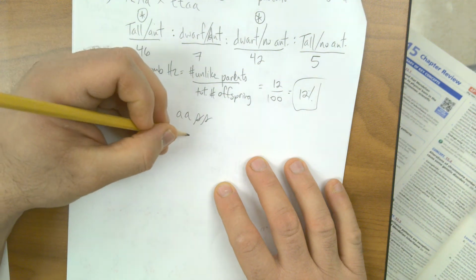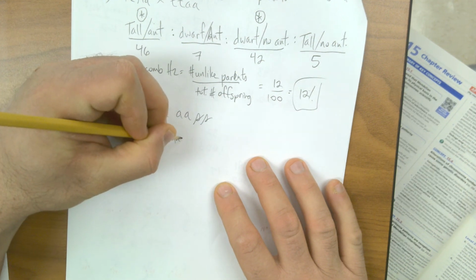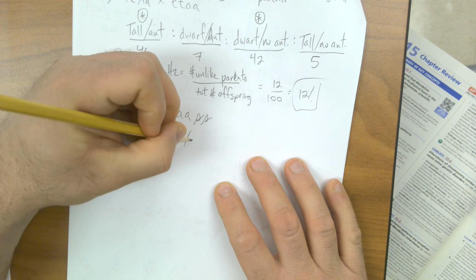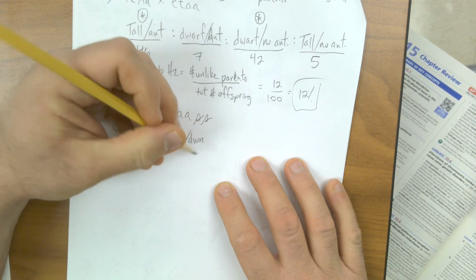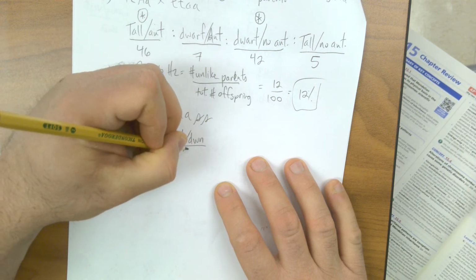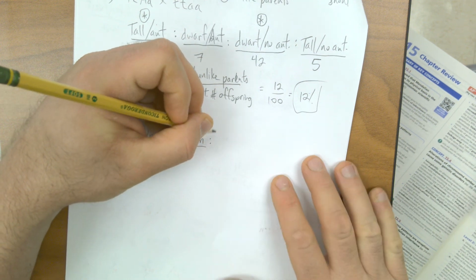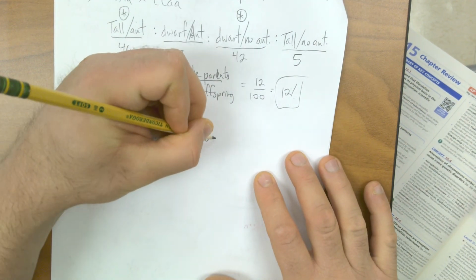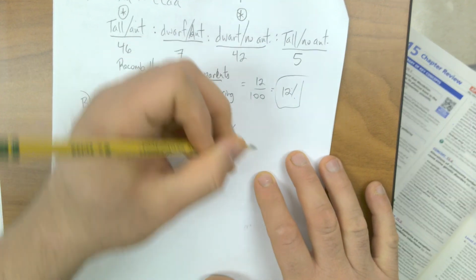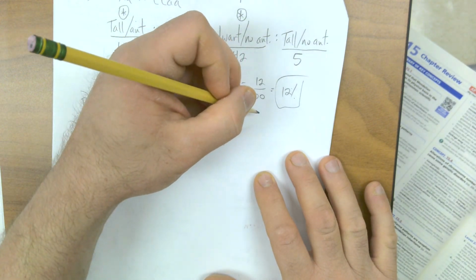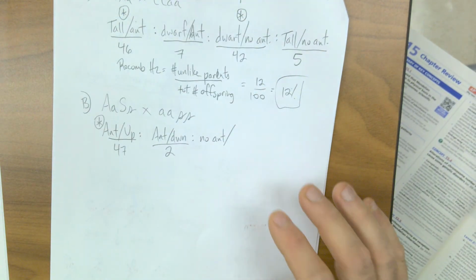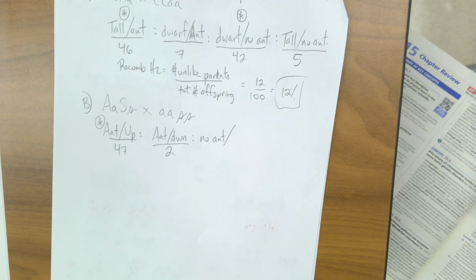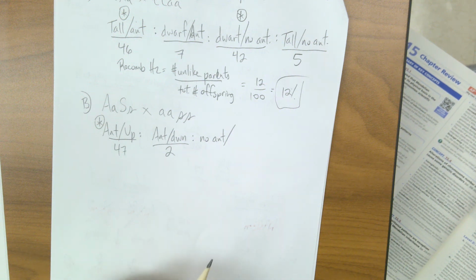Let's see. There are individuals with antennae and a downturned snout. There are 2 of those. There are individuals with no antennae and an upturned snout. Let's see here.